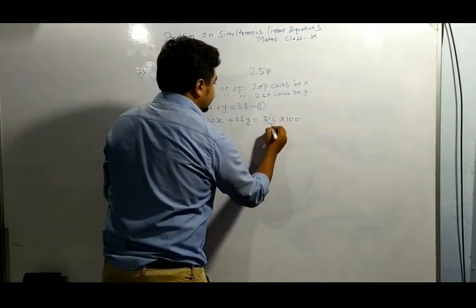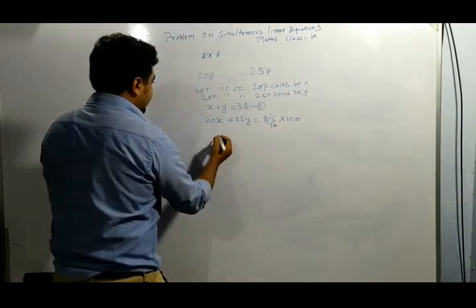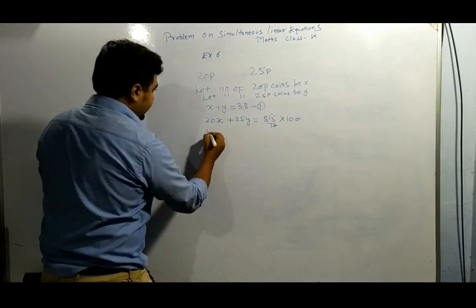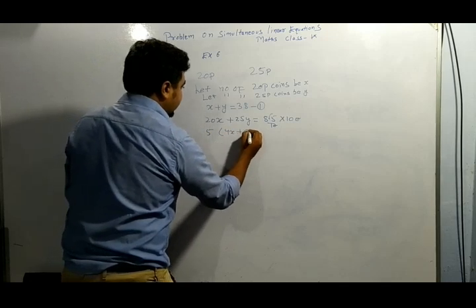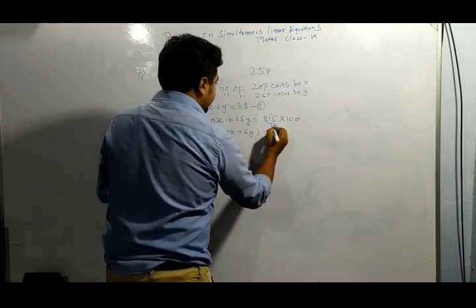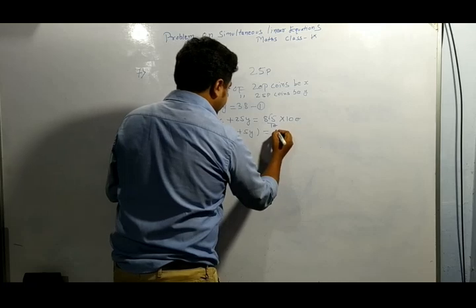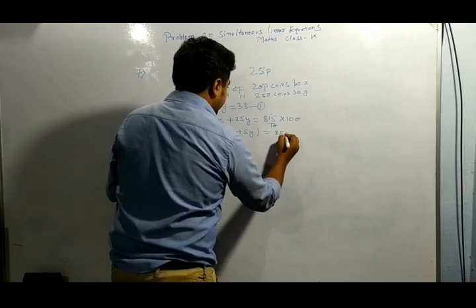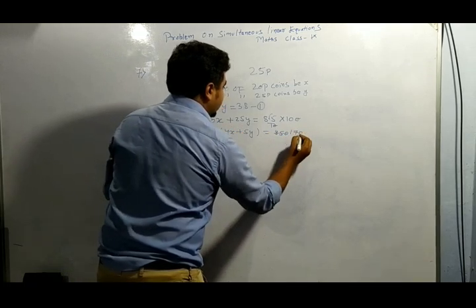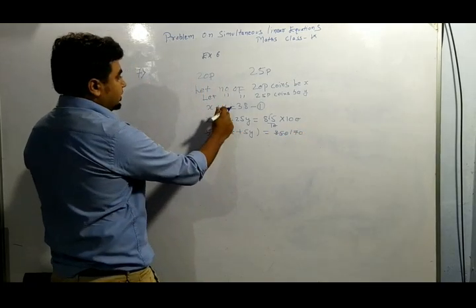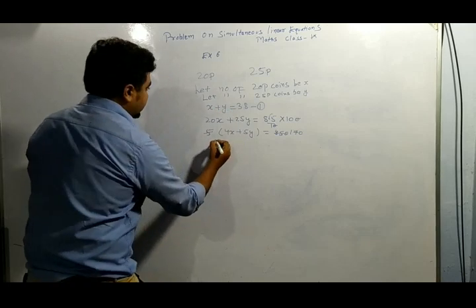So we are getting 10 will be cancelled. We can take 5 as common also. It will be 4x plus 5y is equal to 850 divided by 5, which is 170. Now we can directly find from here, if I am using the substitution method.